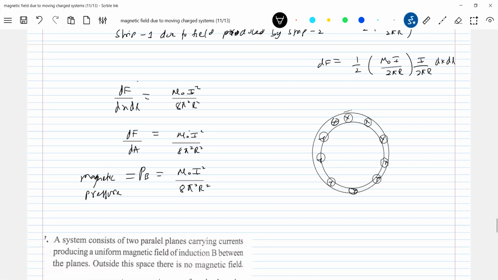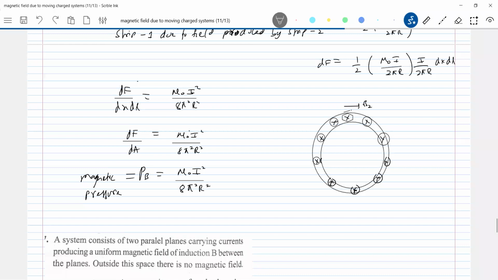There are only two options, radially inward or radially outward. B bar is tangential, no? Put B bar, put your pointing finger, that one, and the middle finger. When you twist your arm, that one, so it will come radially here. So this will be dF like this. So everywhere the force will be like this.